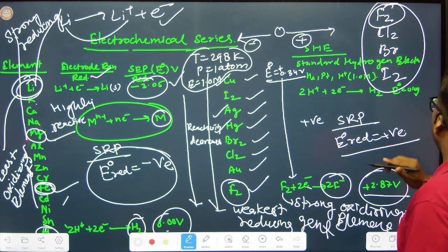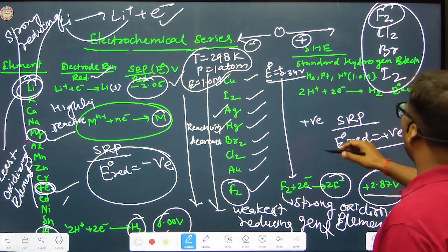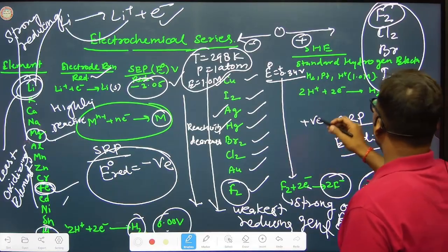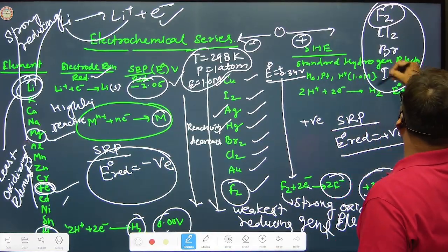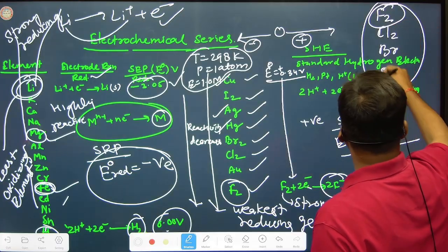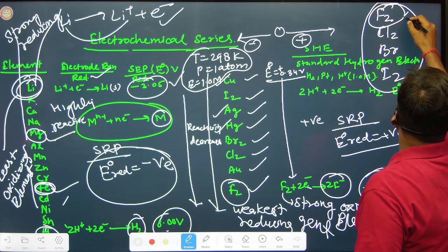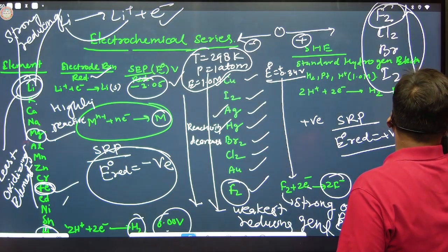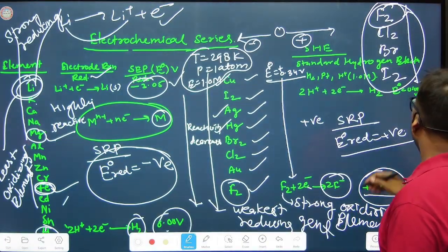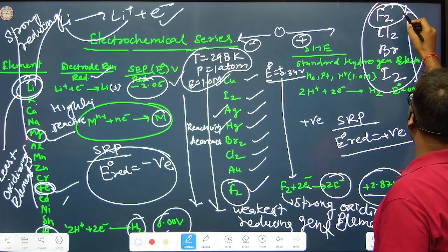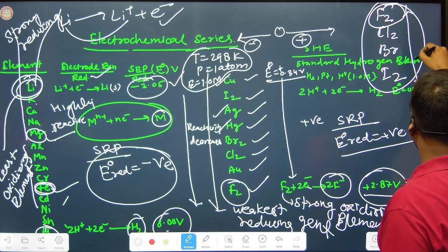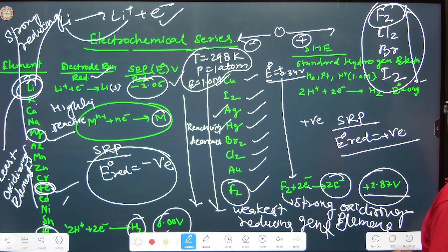Clear? It can be understood through the knowledge of standard electrode potential. All these non-metals have positive standard potential, but the standard potential decreases from plus 2.87, though it remains a positive quantity. Clear?